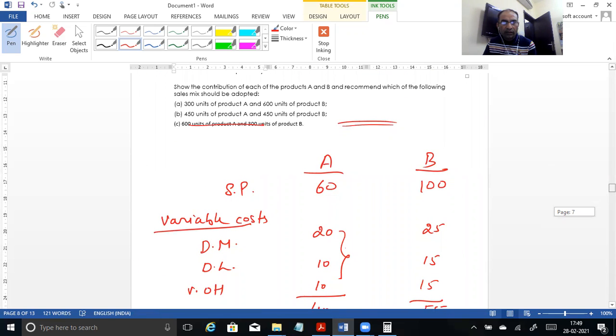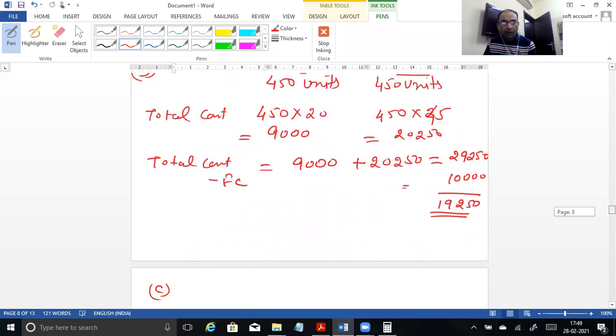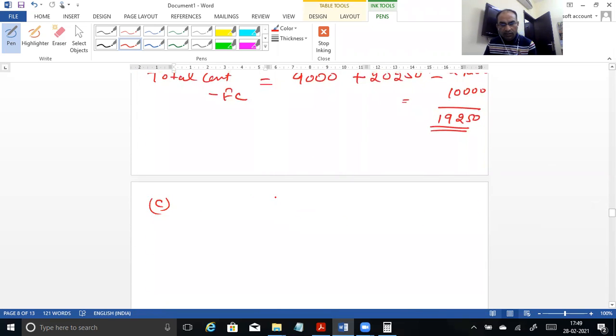Option C says 600 units of A and 300 of B. Now we have 600 units of A and 300 units for B. So here, contribution is 600 into 20, 300 into 45. So it will be 6 2s are 12, 12,000.